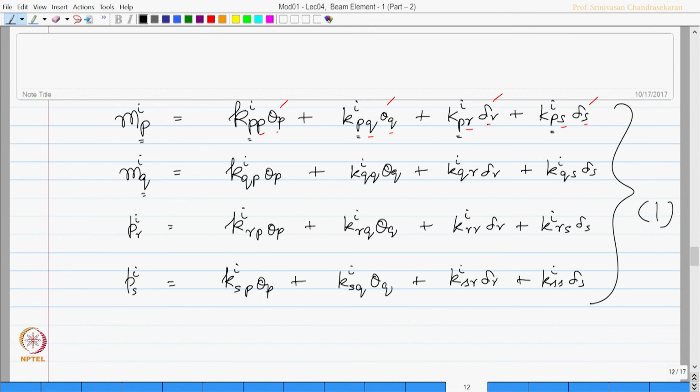So, what are these equations giving me? These equations are giving me the end moments and end shear for arbitrary displacements theta p, theta q, delta r and delta s, and we are trying to find out the forces.